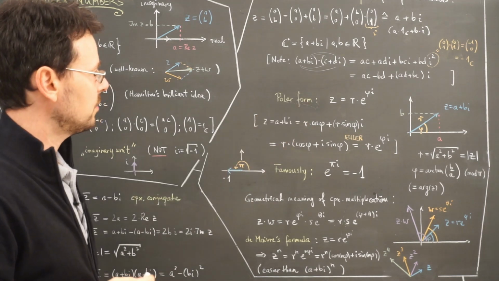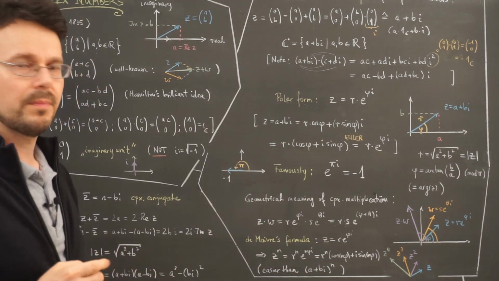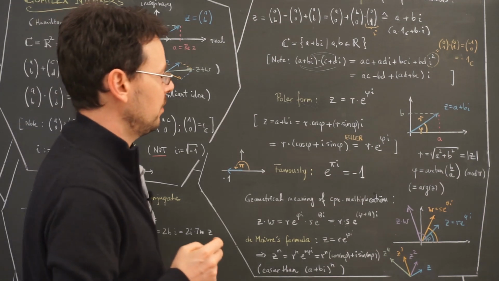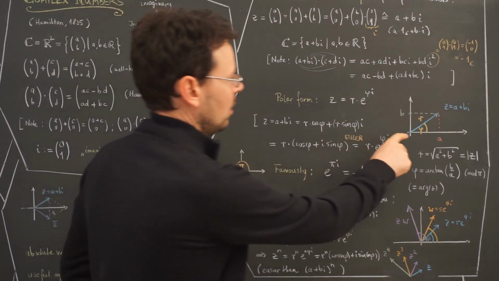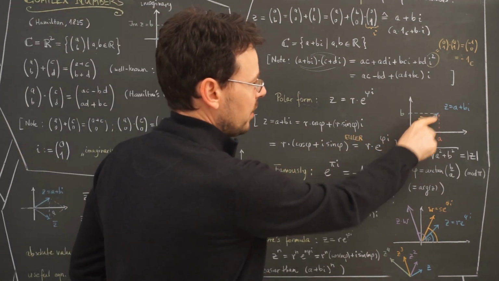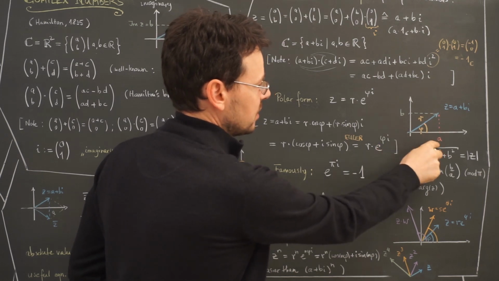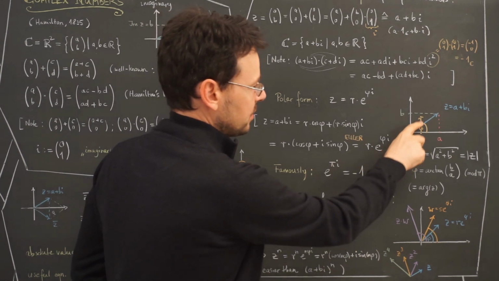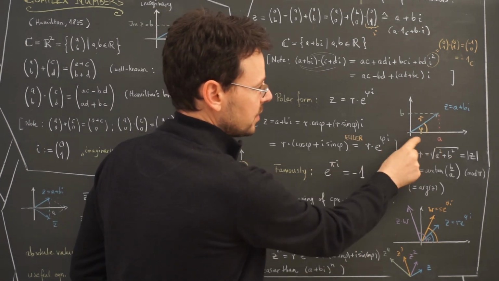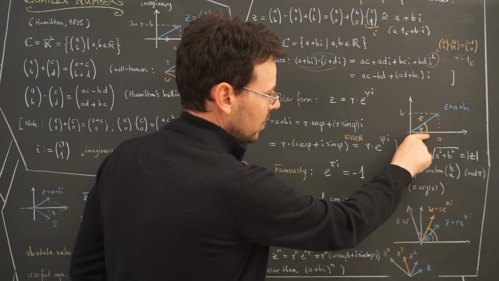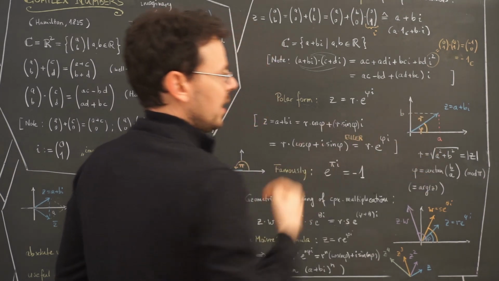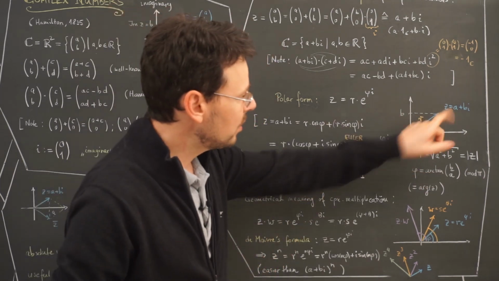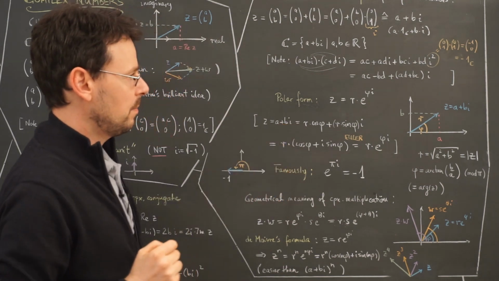For this purpose, we're looking at the polar form of a complex number. So I could describe this blue arrow by giving you two coordinates a and b. This would be the Cartesian form. But I might as well tell you how long this vector is, and I could give you the angle between the real axis and the vector, and then I would also describe where this little arrow ends.